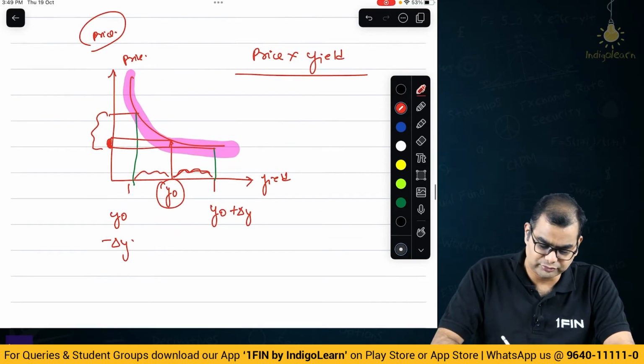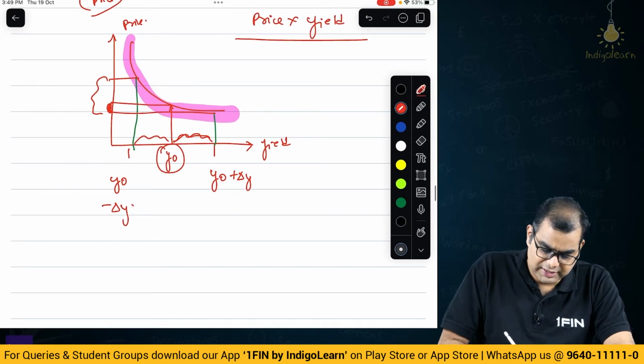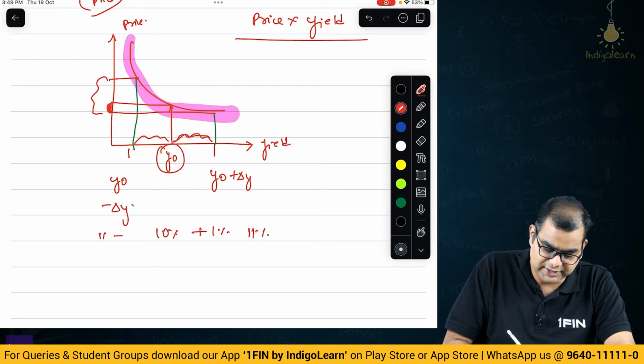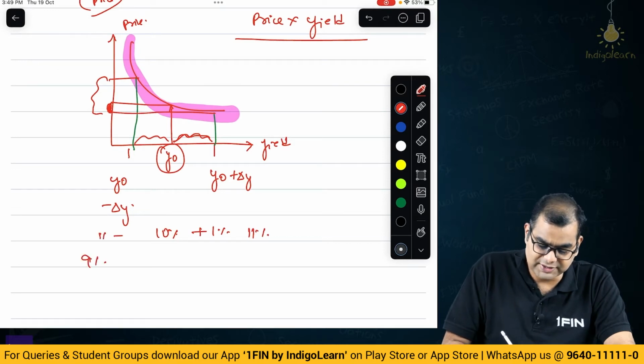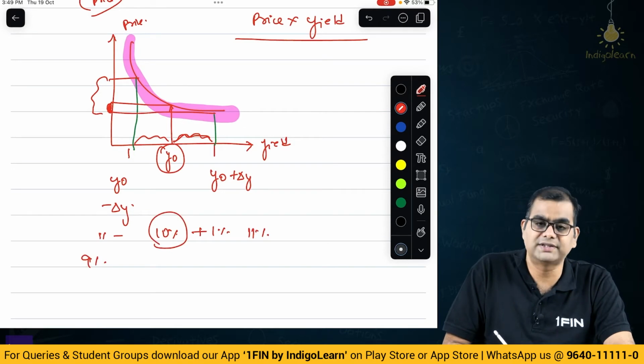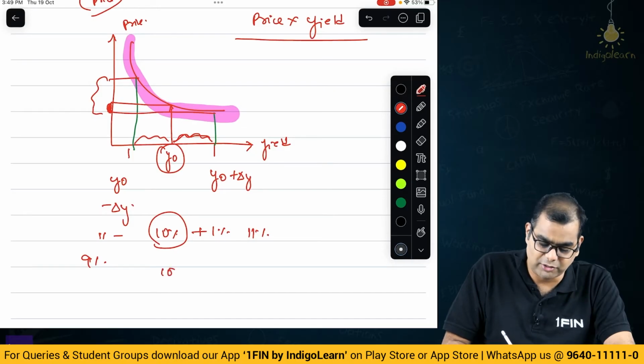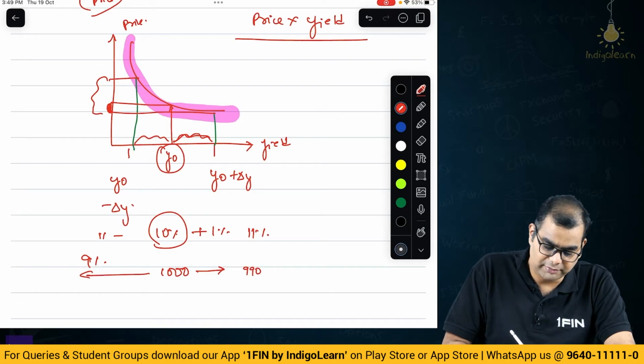Hope you have understood. Say I have 10%. If I add 1%, I get 11%, and if I subtract 1%, I get 9%. Let's say when the yield is 10%, the price of the bond is 1000. For a 1% increase, the bond price comes down only to 990. Whereas for a 1% decrease, the bond price goes up to 1050.